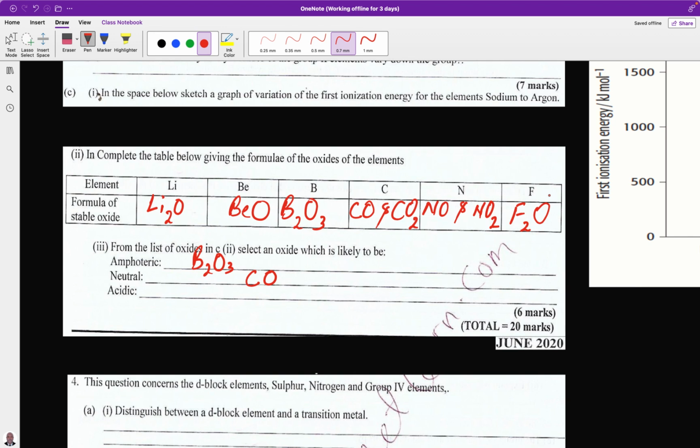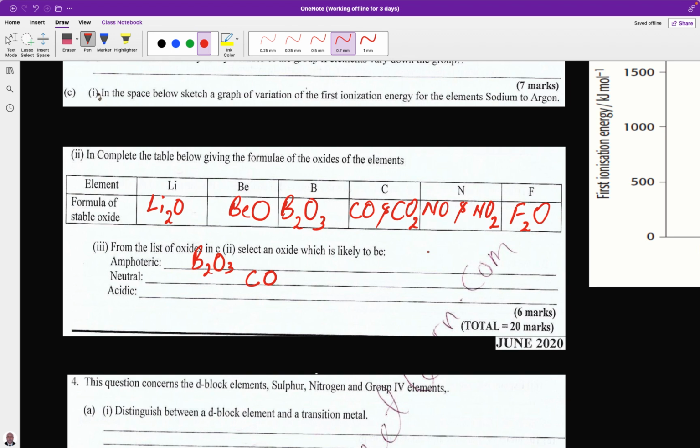The acidic ones go into the atmosphere, react with water and come down as acidic rain.